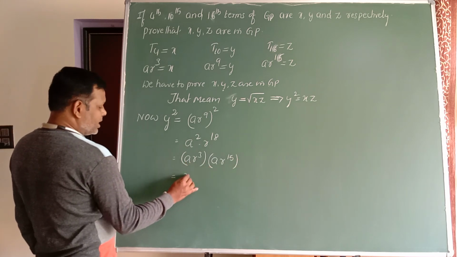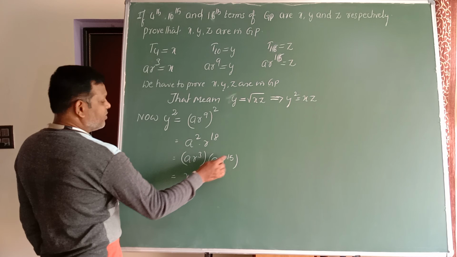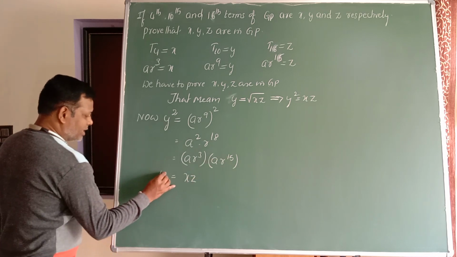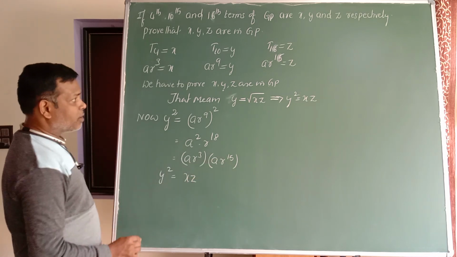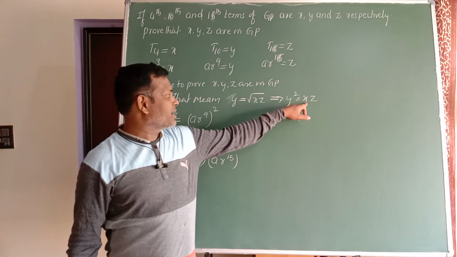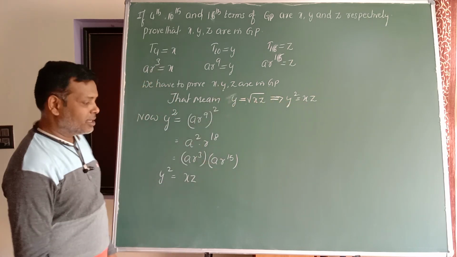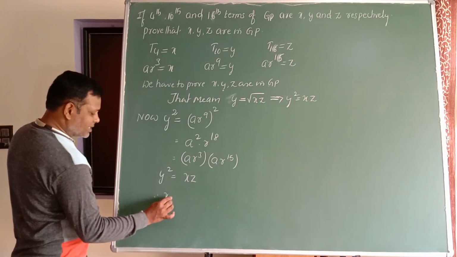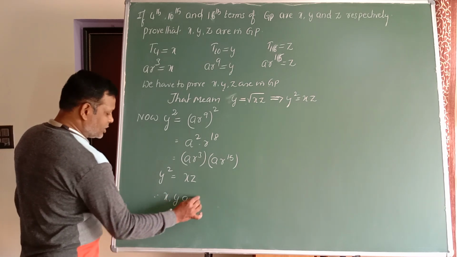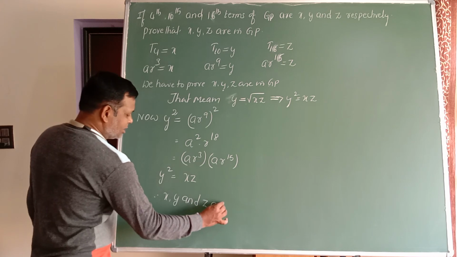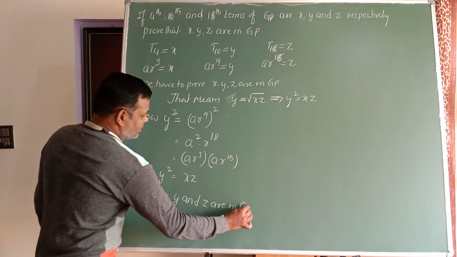What is A R cube? X. A R power 15 is Z. Therefore, Y square is equal to XZ. We have proven that Y square is equal to XZ, or Y is equal to root XZ. That means X, Y, Z are in GP. Therefore, X, Y and Z are in GP. This is the question.